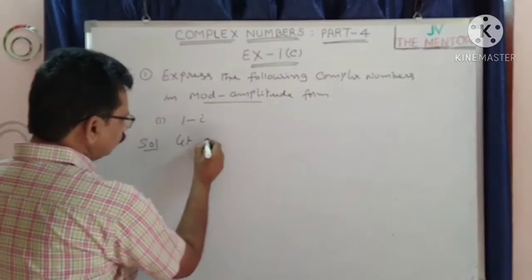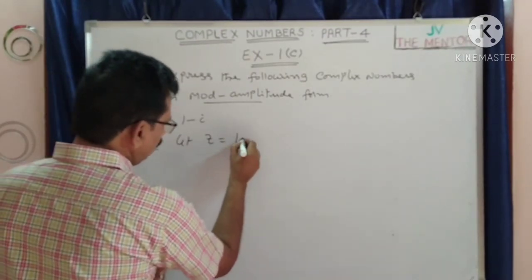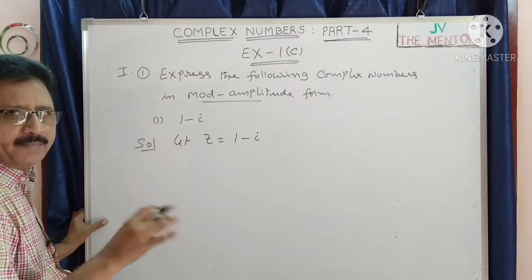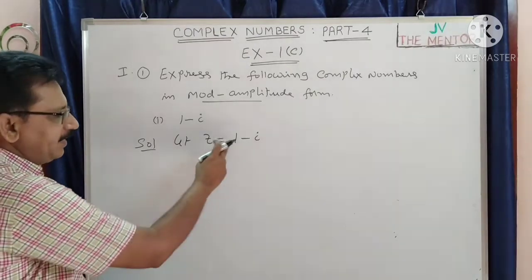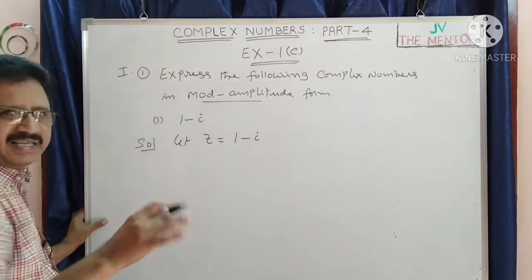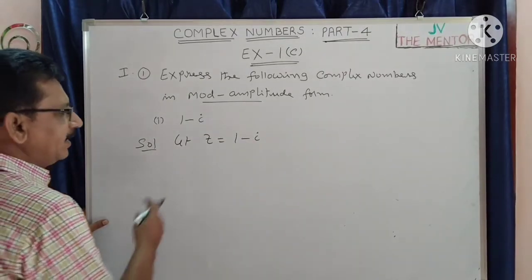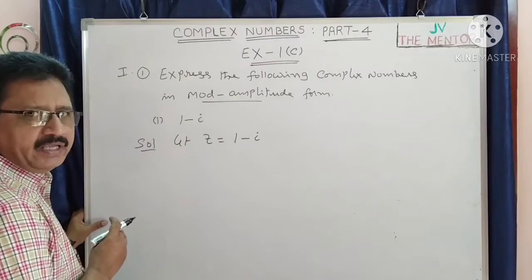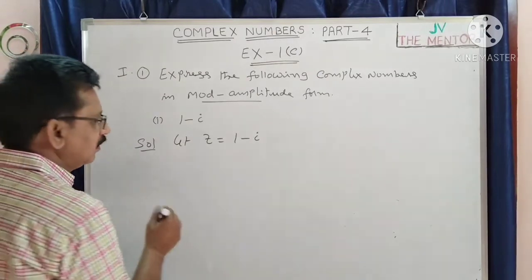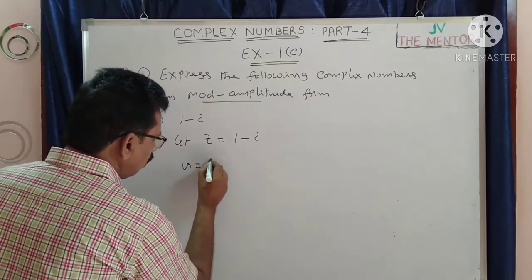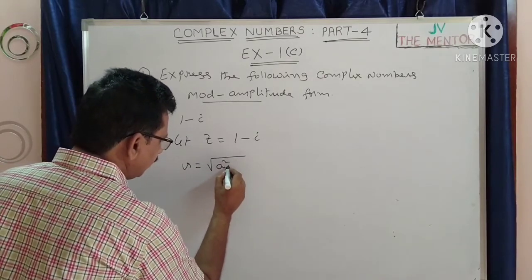Okay. Solution. Let z equal to 1 minus I. It is of the form a plus ib. Here a is the real part, b is the imaginary part, taking the values of a and b without signs.